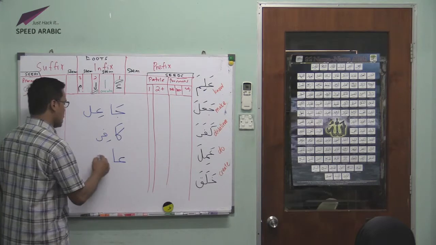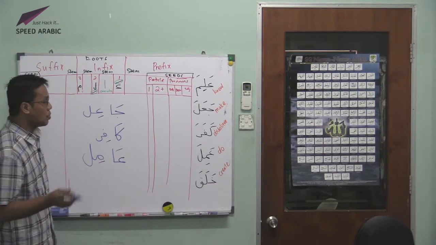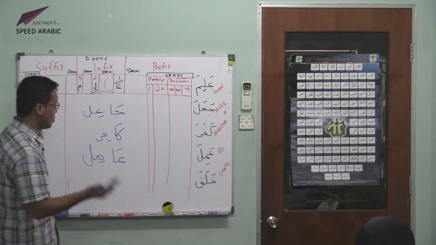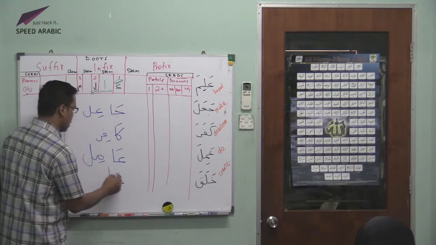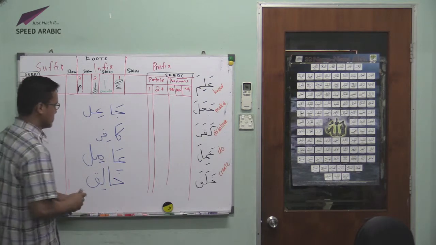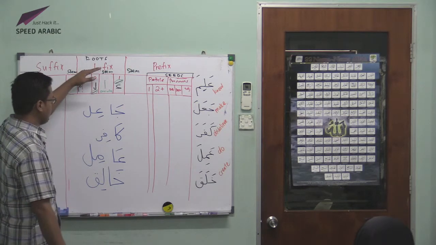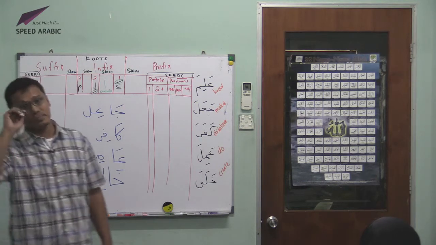So when I say amil, one who does, or doer. When I say khaliq, one who creates. Okay, what is the similarity between all these words?